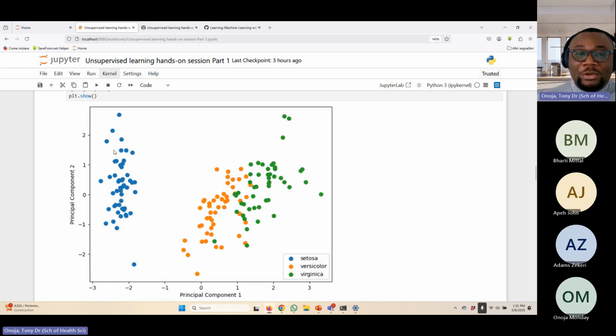So truly, you can see that, like we established last week, the setosa stood out, but there is overlapping between the versicolor and also the virginica. You could see truly the overlap exists between them. However, you could also see there is a good separation between them.